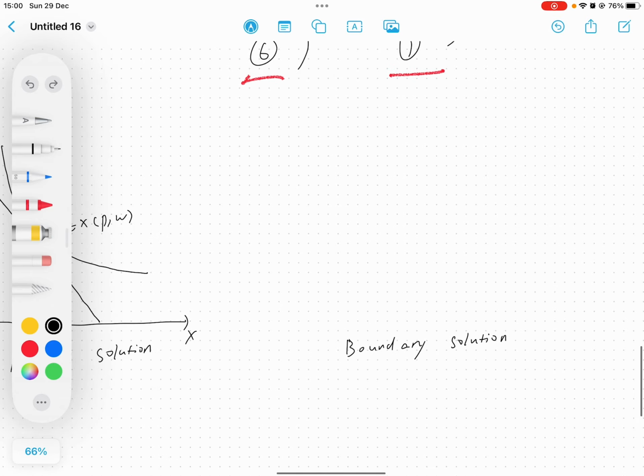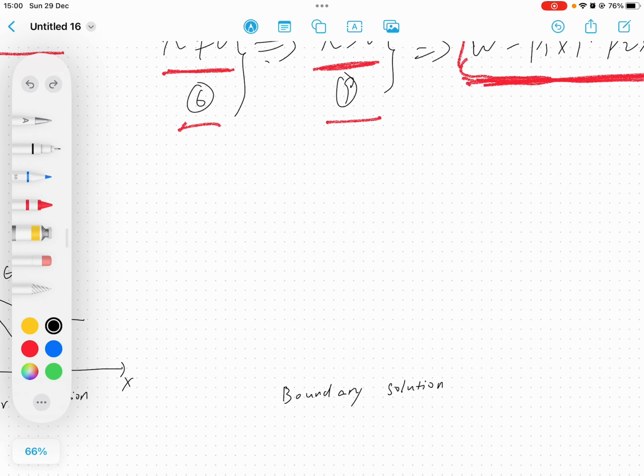In this case, we have to use the Kuhn-Tucker conditions, or the Kuhn-Tucker necessary conditions. So for example, I have x2 here, x1. Let's suppose now we have this budget.